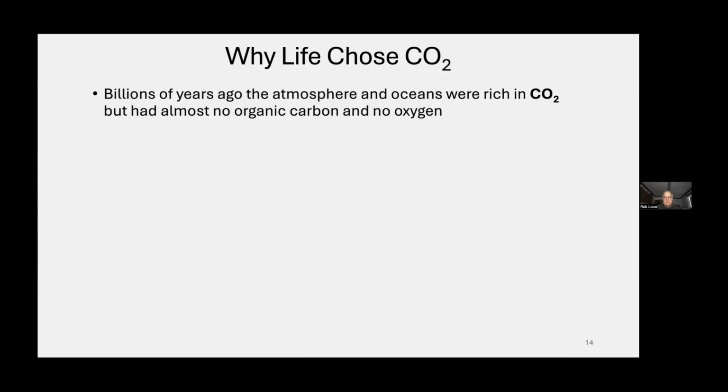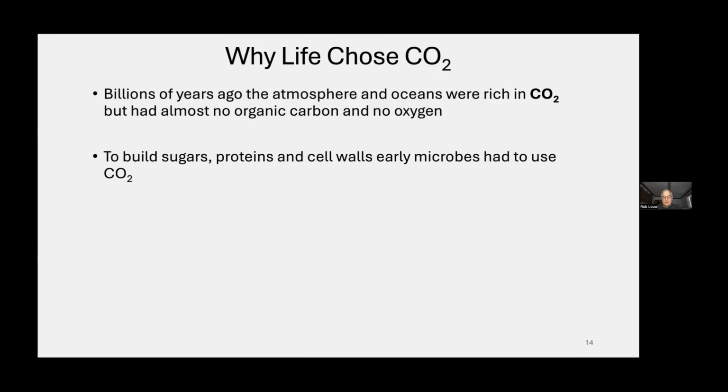And the reason is that billions of years ago, the atmosphere and oceans were rich in CO2, but had almost no organic carbon and no oxygen. To build sugars, proteins, and cell walls, early microbes had to use CO2.